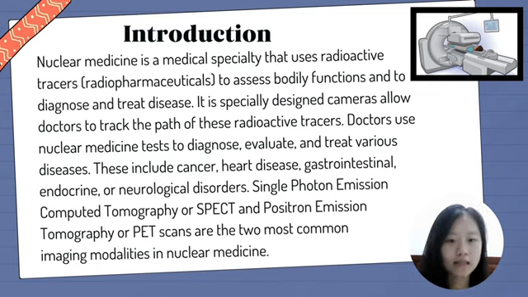This includes cancer, heart disease, gastrointestinal, endocrine or neurological disorders. Single photon emission computed tomography, or SPECT, and positron emission tomography, or PET scan, are the two most common imaging modalities in nuclear medicine.